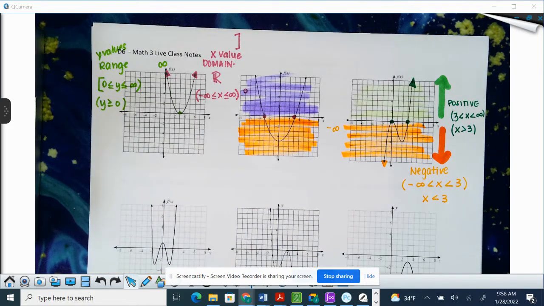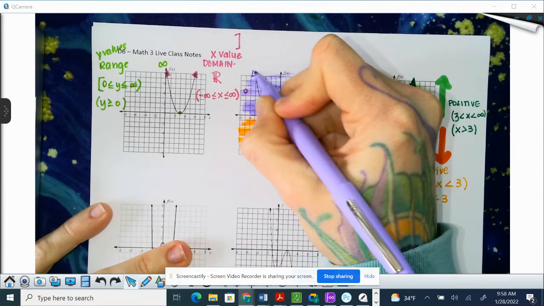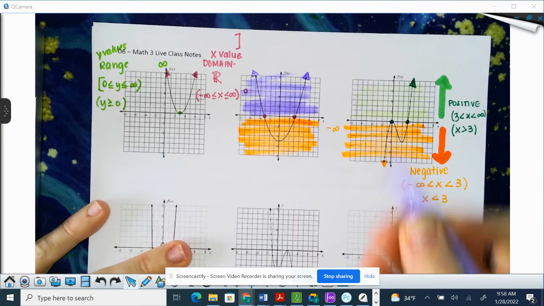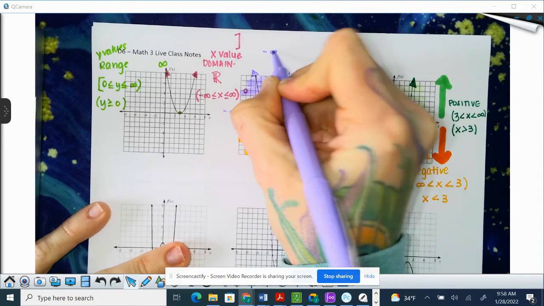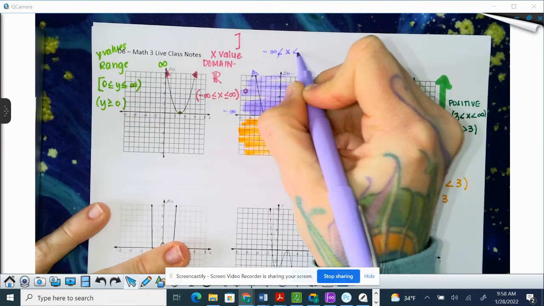And you're looking where it crosses at the x-axis because you're only focused on your x-axis for these things. So in this case, it's positive over here, and there's an arrow. It's positive over here, there's an arrow. So from negative infinity to negative 3, it's positive.